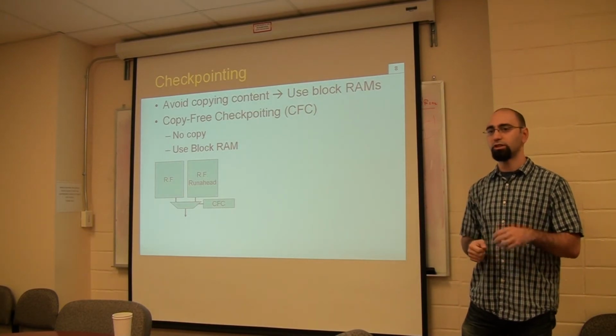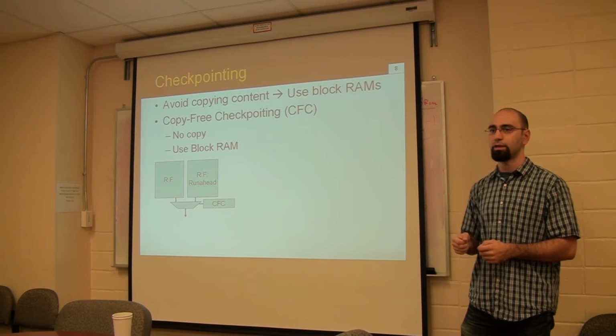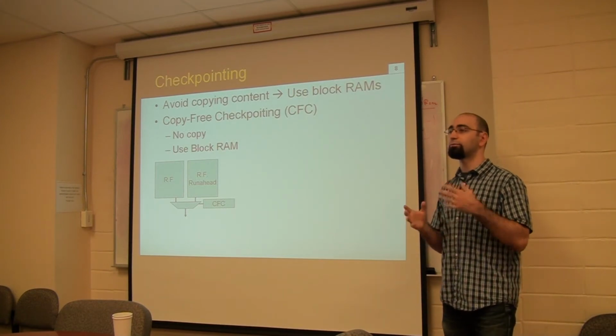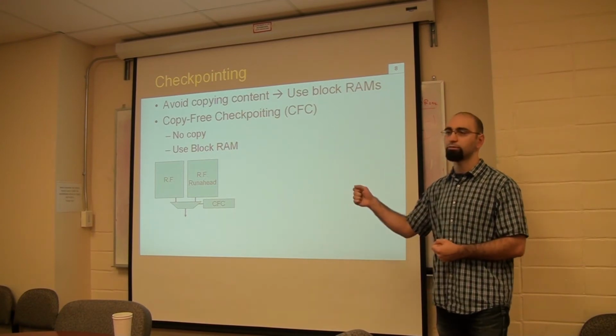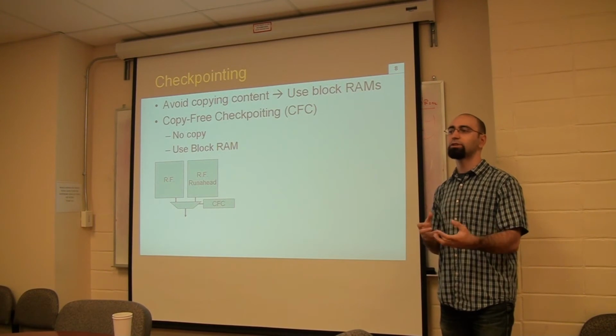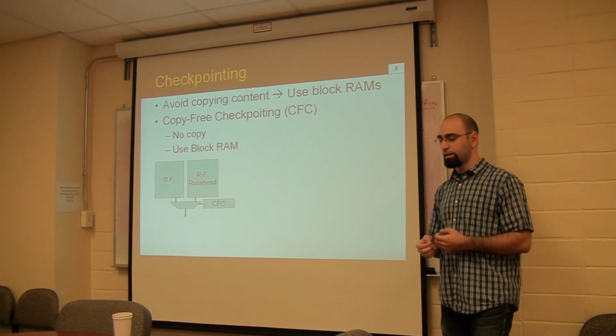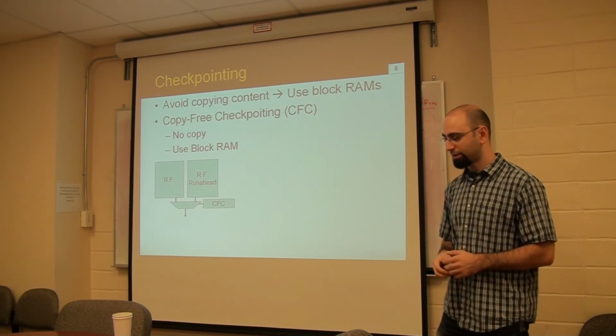Any data that's produced in Runahead mode is stored in the Runahead register file. And all I have to know is which one is producing the latest result. That's where CFC comes in. It tells me exactly which register file to use and gives me the latest data. More details about CFC are in that paper.